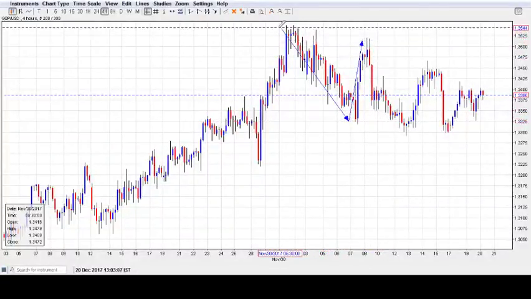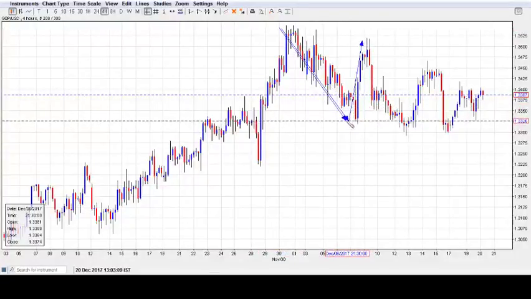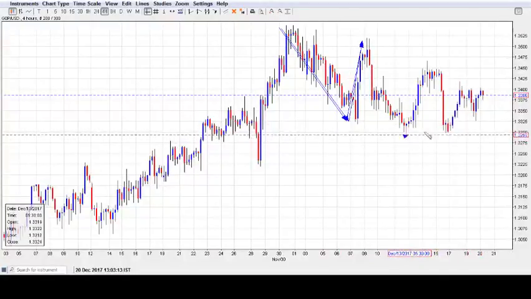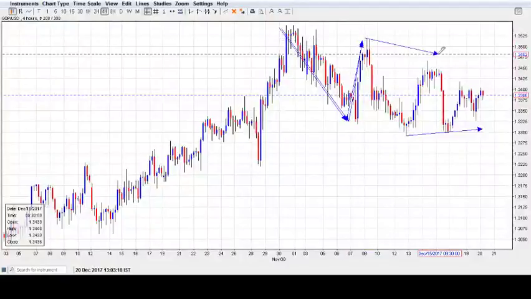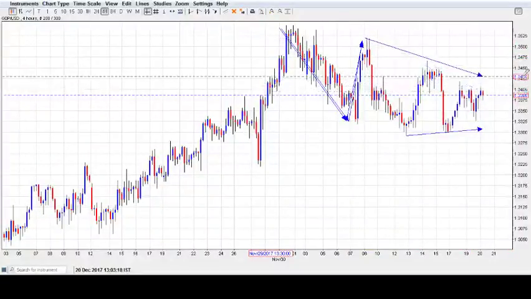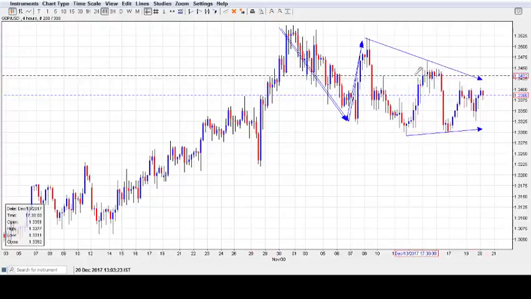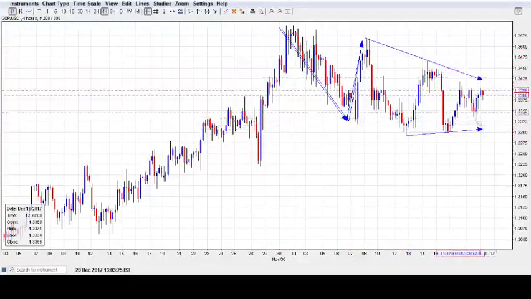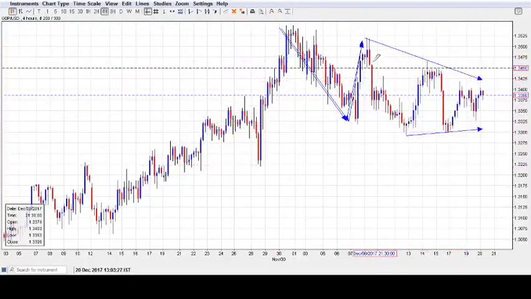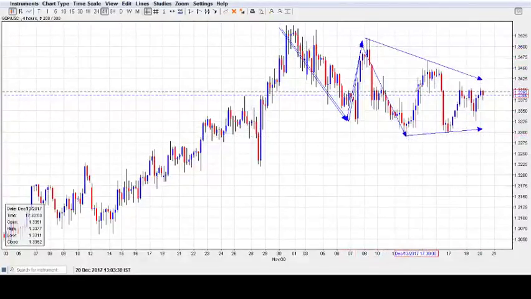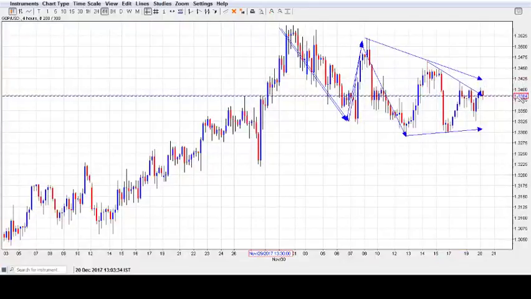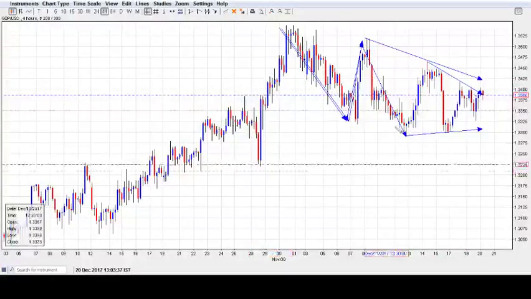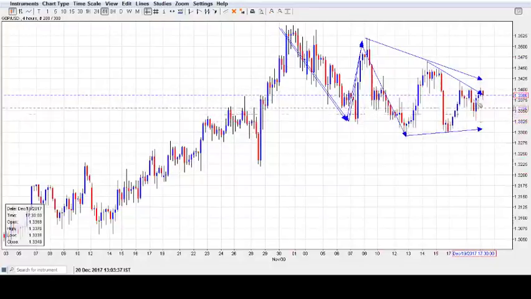Finally, it looks like a wave 1, wave 2, and what has happened after that is a triangle structure with A, B, C, D, and E, within 1 of 3.